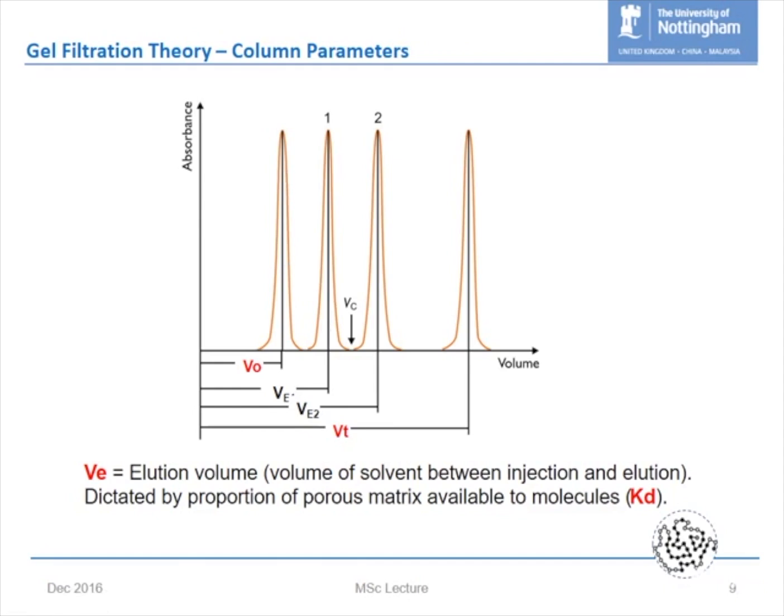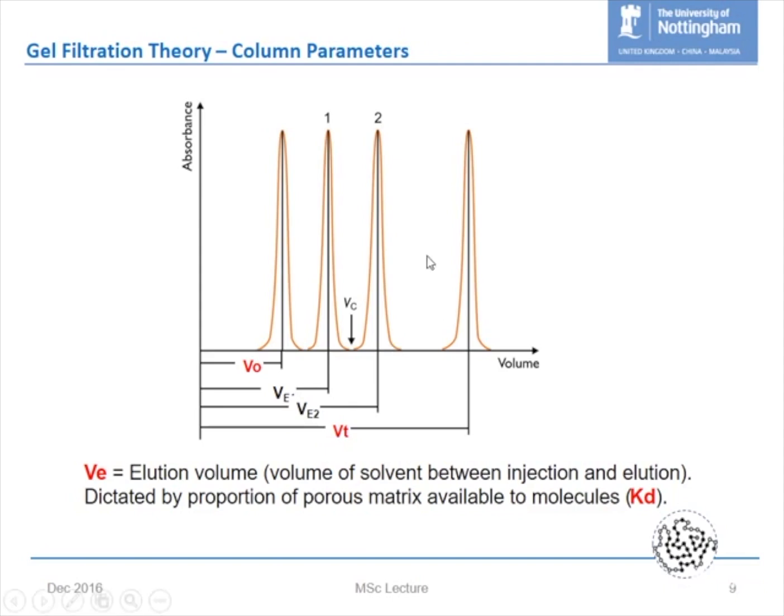If I do the complete opposite to that, I have a very small molecule in there that's got total access to the pores, then it will be retained, and it will be retained to this point, VT. And then we've got a whole range of polymers that we could actually put down, which have an intermediate elution volume, VE1, VE2, etc.